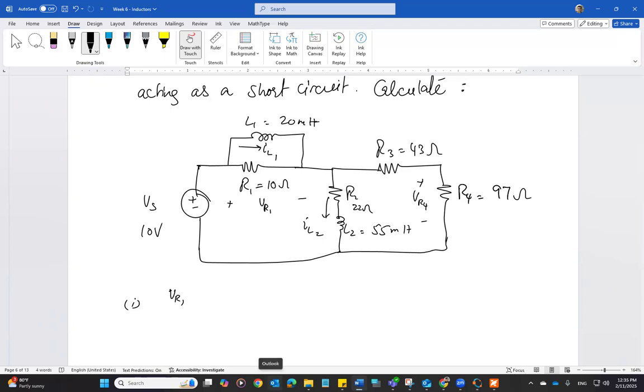There's no calculation for VR1, because if inductors are acting as a short circuit and L1 is in parallel with R1, then of course the voltage across the resistor and the inductor both are going to be zero, since L1 is short.